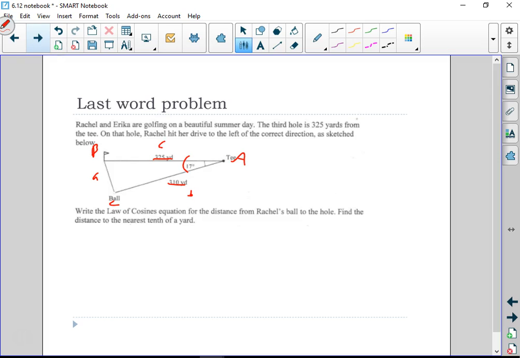So I'm going to go back and I'm going to need to write my formula again. So A is equal to the square root of 325 squared plus 310 squared minus 2 times 325 times 310 times the cosine of 17.